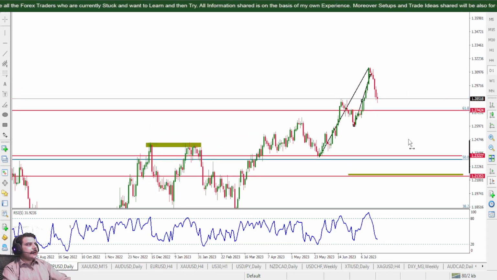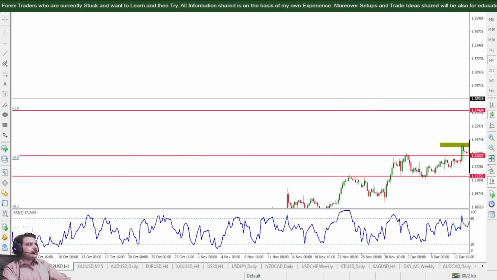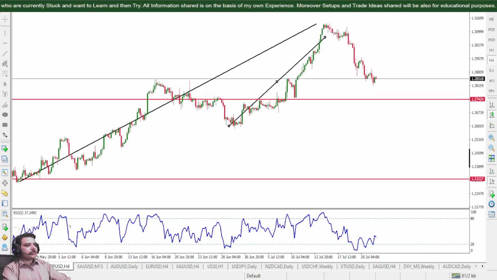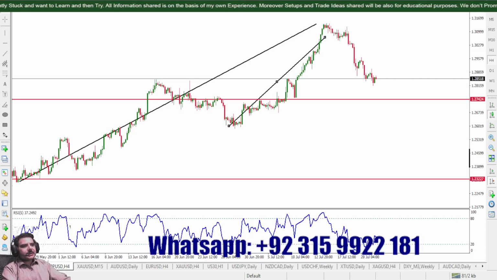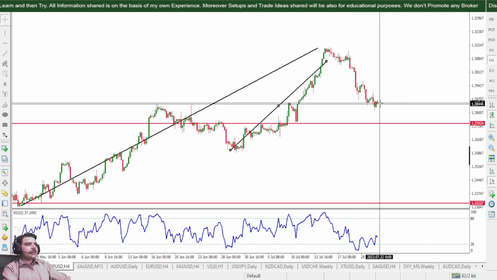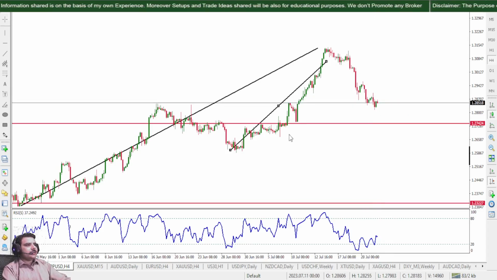1.27424. And on the H4, if we see, there is no doubt a very nice sell opportunity all the way from there. And the sell opportunity definitely be working very nicely. If like from right here, if you are my follower, you will know that from right here I'm not going to take any buy trade.